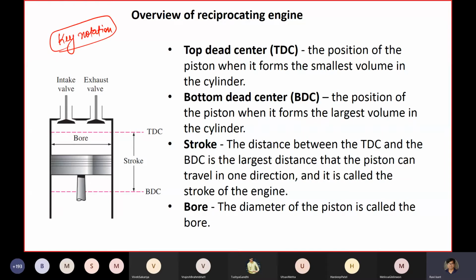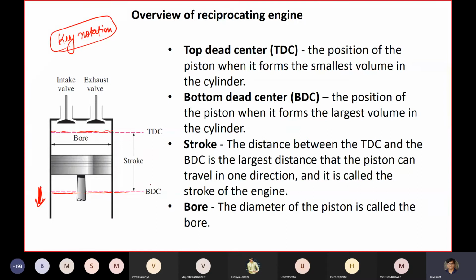So we, as engineers, define something: the least length it can come to is this position, and the uppermost position the piston can go to is this particular line.